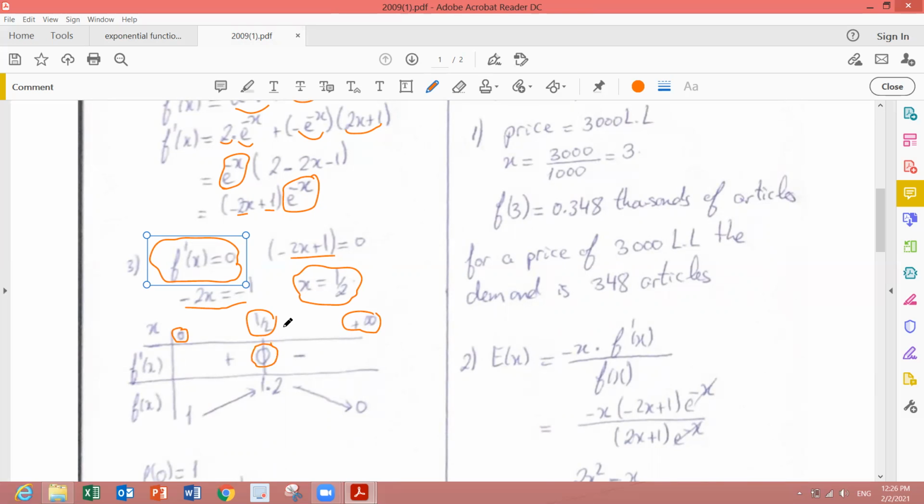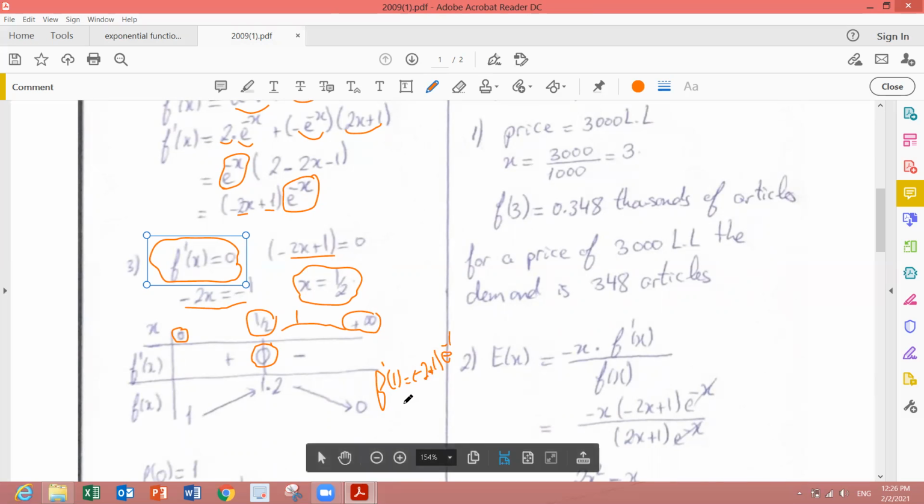Now to know the sign in the interval after it, I take the number 1. f prime of 1 equals minus 2 plus 1, times e to the minus 1, equals minus e to the minus 1, which is negative.